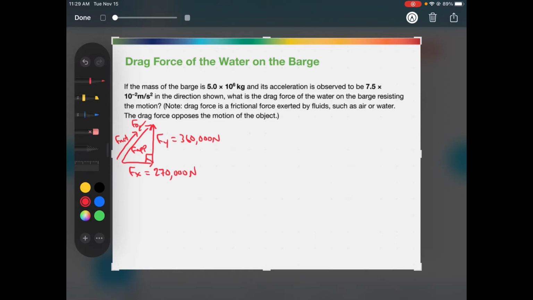So in order to find the hypotenuse of the triangle using Pythagorean theorem, or the magnitude of the sum of two vectors when they're at right angles, it's the same idea. So F applied is just going to be the square root of these two numbers squared and added together.